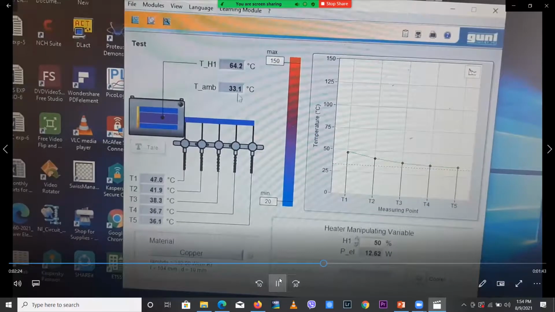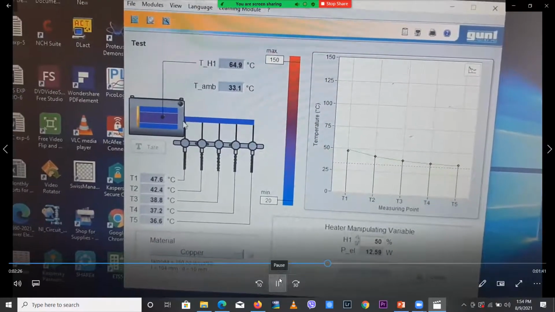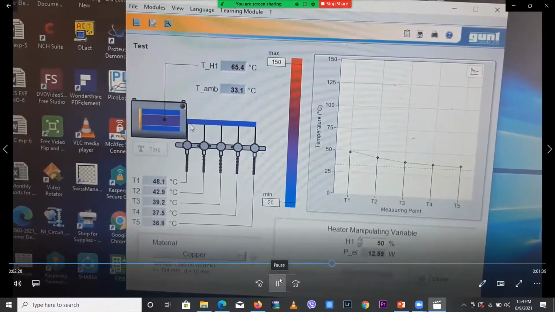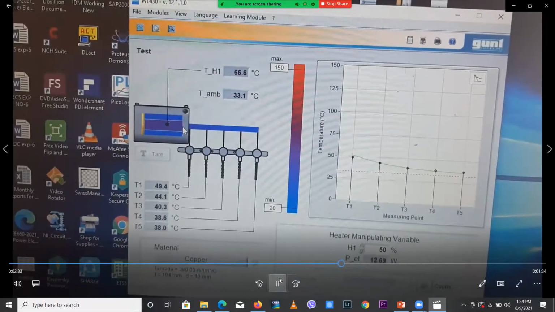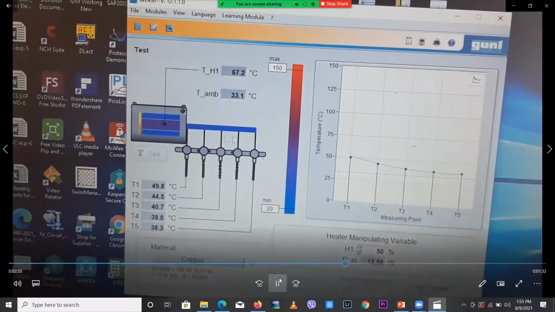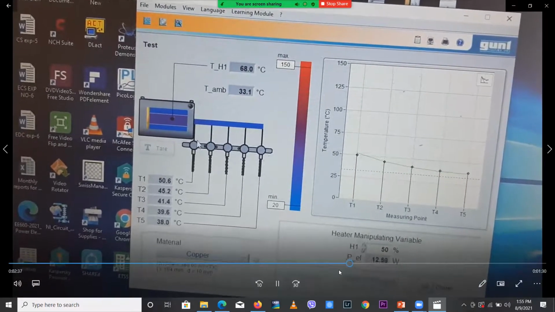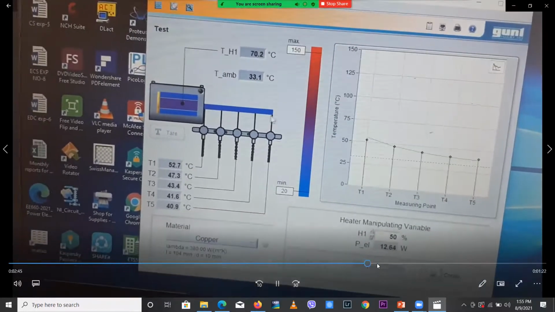The part near the heater has a high temperature.